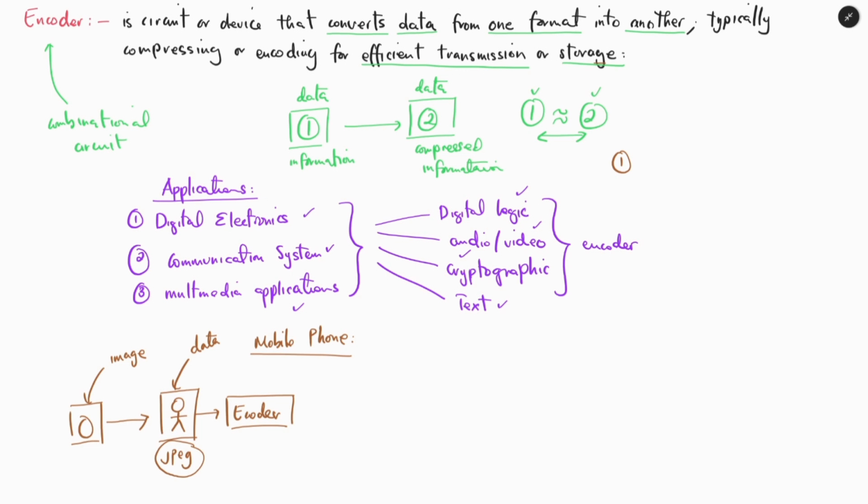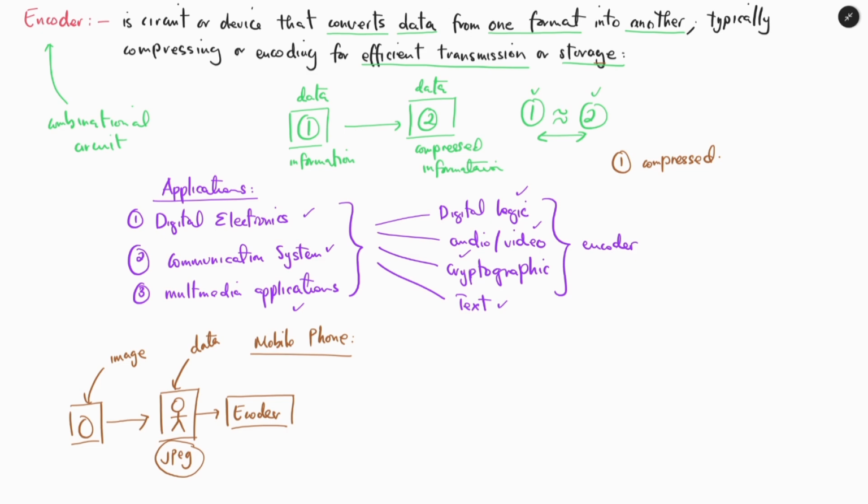So this information must be encoded, or we say it must be compressed. And when it is compressed, then it can be transmitted to the computer, and then it can be stored.